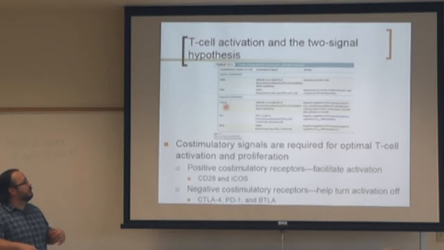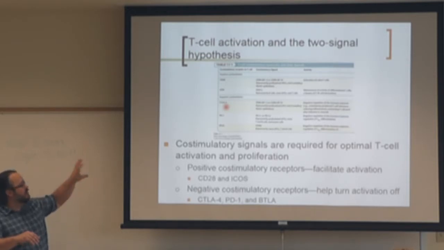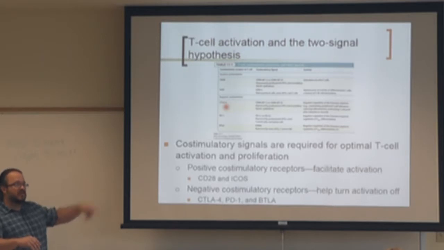Some people who have tried to treat, for example, cancer with T cells that are specific for those tumors will also give anti-CTLA4. Because anti-CTLA4 blocks CTLA4 from binding, it will allow those T cells to continue to proliferate in response to the tumor and give a longer response.